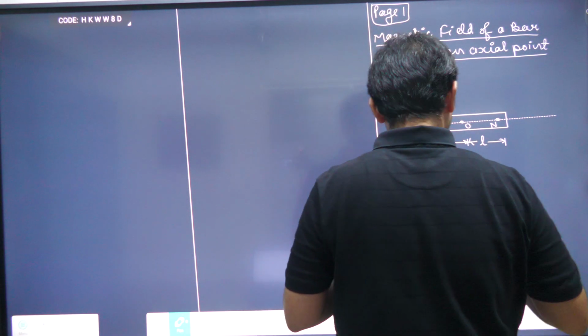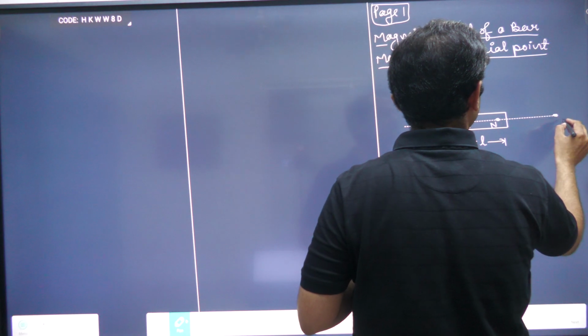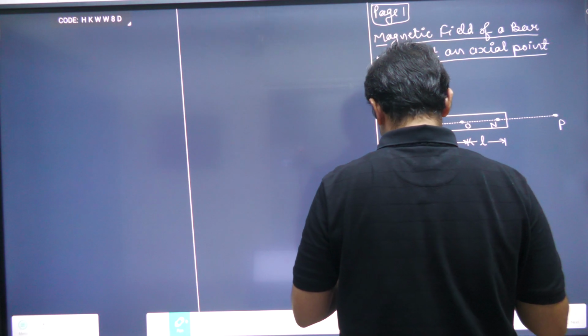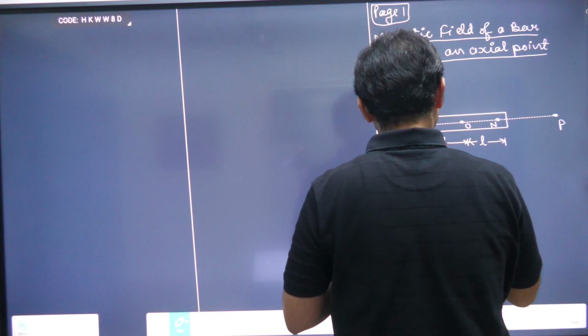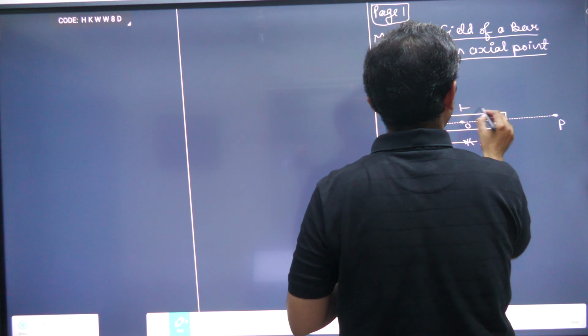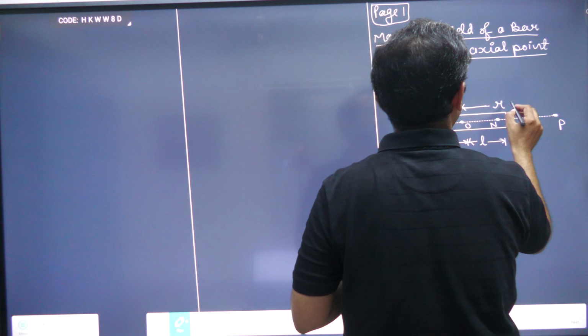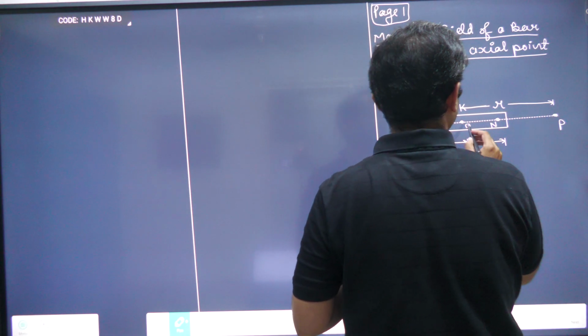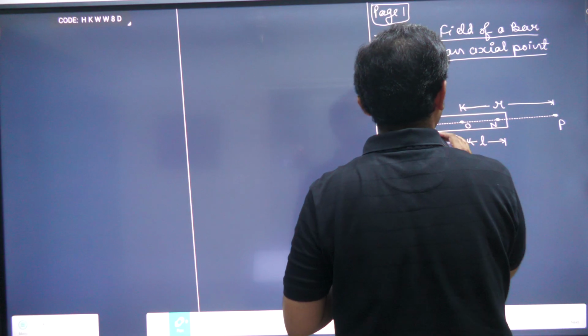Now let us consider a point P on the axis of this dipole, and the distance between the center and this point P is small r.